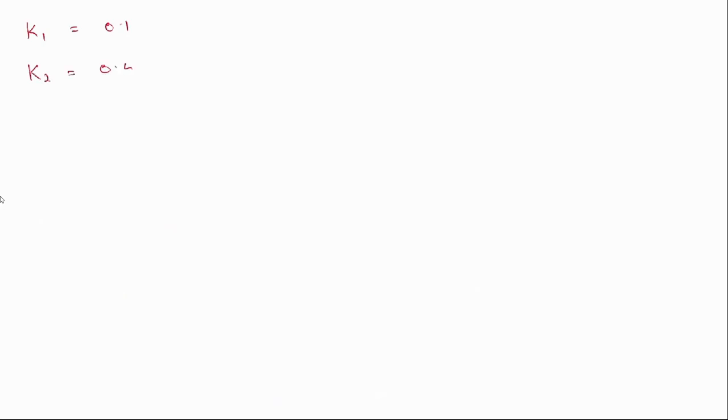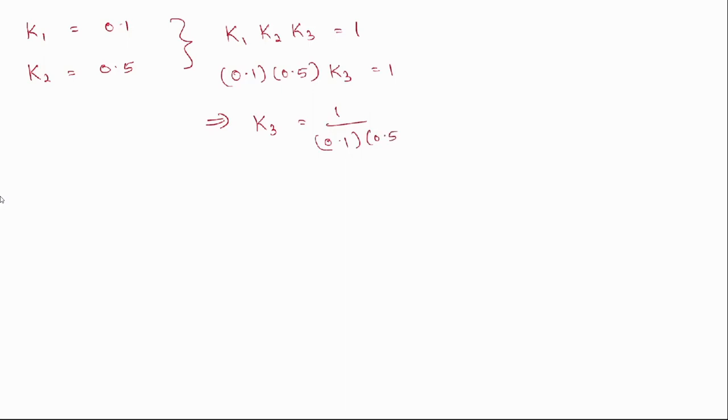We have K1 and K2 values which we just found out. We substitute them in the equation K1 into K2 into K3 is equal to 1, and we get the value of K3 as 1 by 0.1 into 0.5. K3 will be 1 by 0.05, and that will be 20.